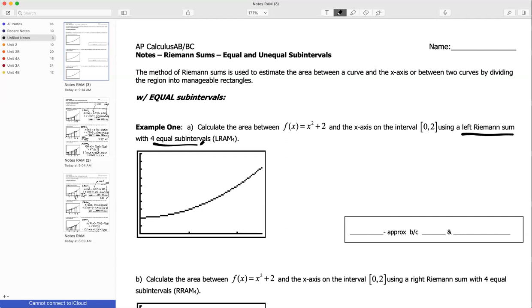Okay, so there's a little shorthand way of writing this. I've got an LRAM that stands for left rectangular approximation method. And I've got a subscript of 4, meaning 4 equal subintervals. And so let me draw a picture here so that you can see it.